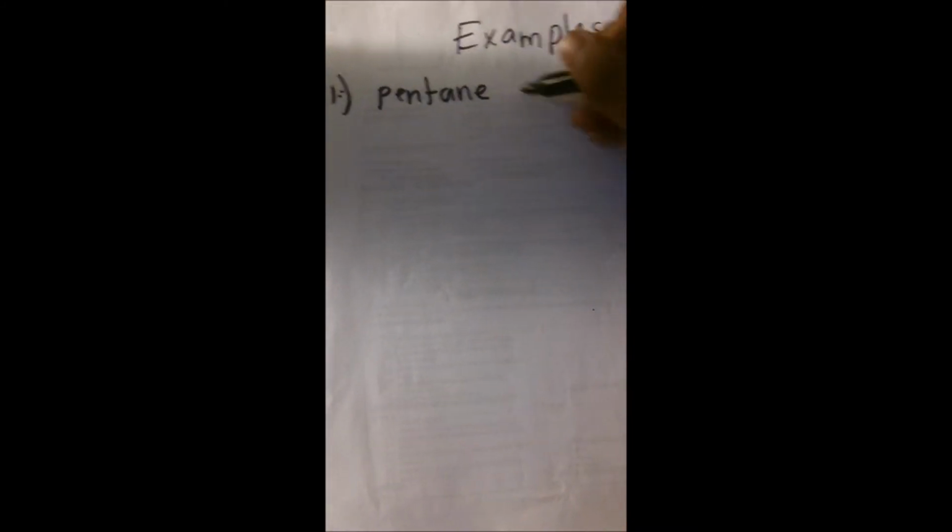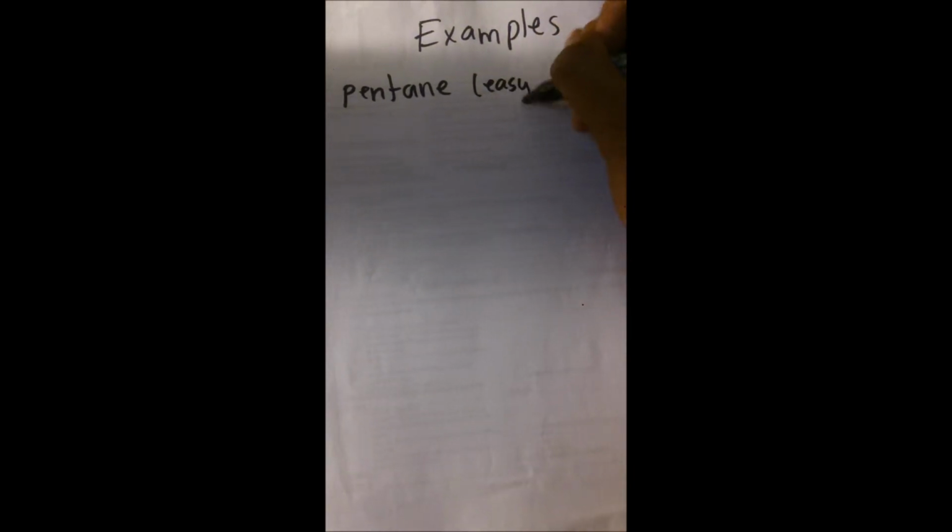Okay, so now that we already understood how to make alkanes, we're going to talk about examples. First, imagine that the instruction given is... We're going to start with an easy example.